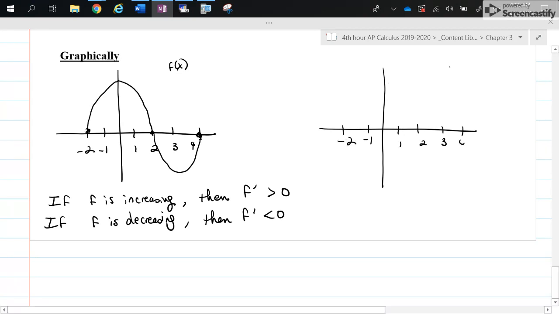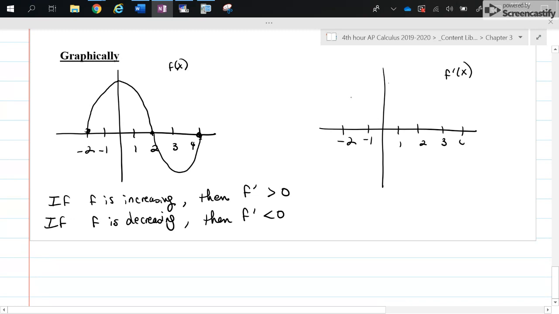Very primitive for now, because we don't know a lot yet, but we do know that from negative 2 to 0, the derivative is positive, excuse me. And when we say the derivative is positive, and we're thinking of the graph of the derivative, positive should be above the x-axis.